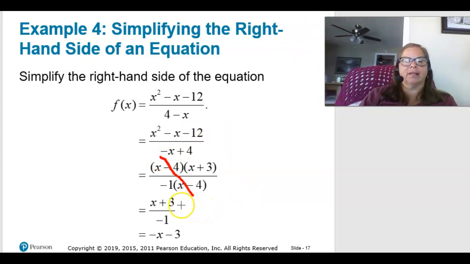You end up with x plus 3 all over a negative 1. So if you divide the numerator by that negative 1, you have negative x minus 3. Notice that by waiting to simplify and waiting to find the domain, we don't have to worry about it at all. So make sure that you go through and you factor and simplify before you make any decisions about the domain.